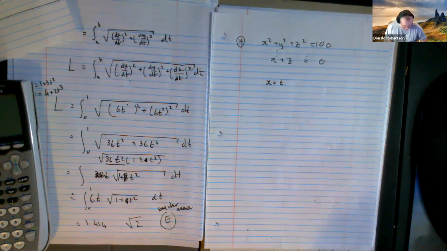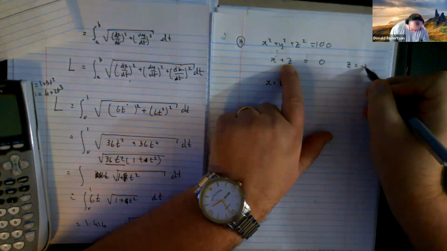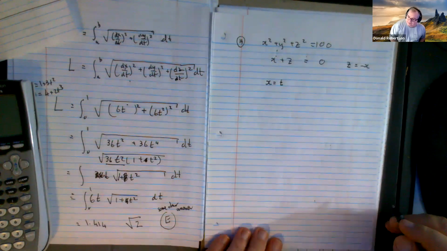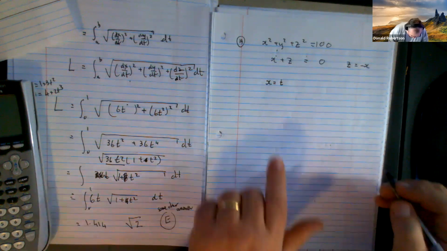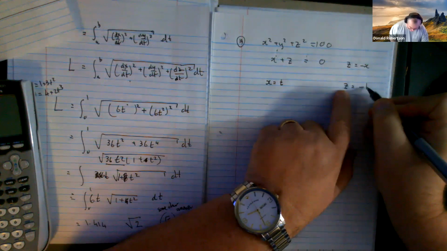Now, if you rearrange this, isn't z equal to -x? And if x is t, does it not make z equal to -t?